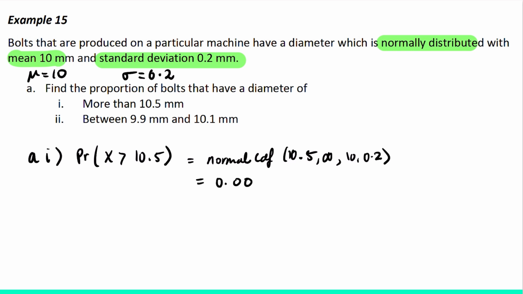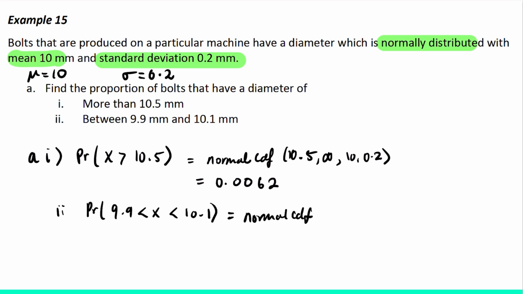You should get 0.0062 to 4 decimal places. And for part 2, probability of 9.9 to 10.1. Normal CDF will be 9.9, 10.1, 10, 0.2, and that'll be 0.3829.